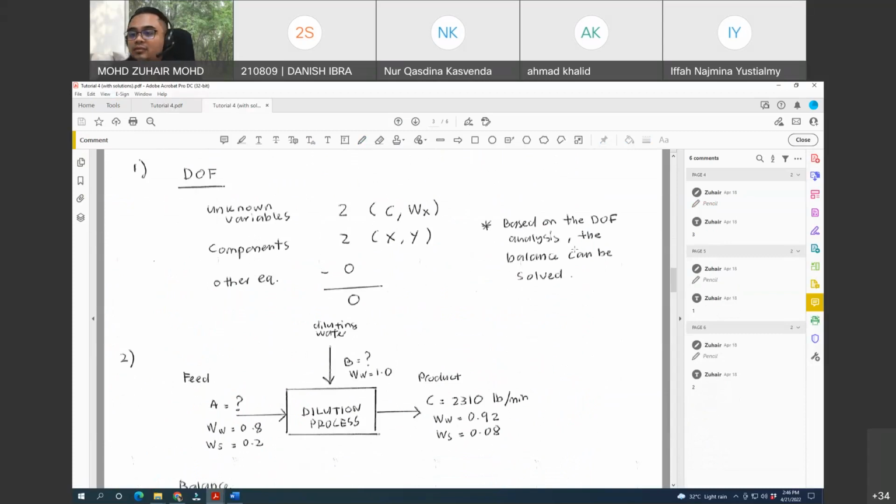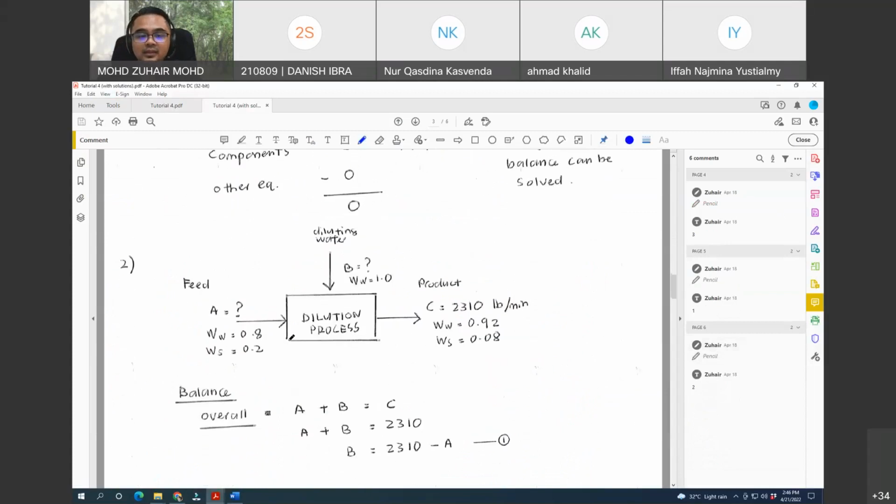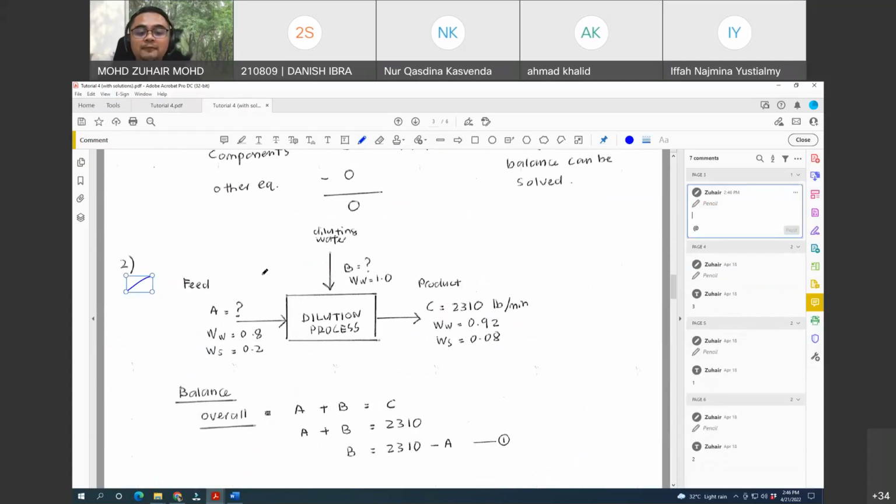Okay, this is question 1. This is the dilution process, for question 2. Okay, so this is the process block diagram.